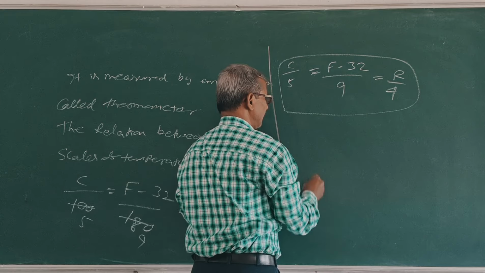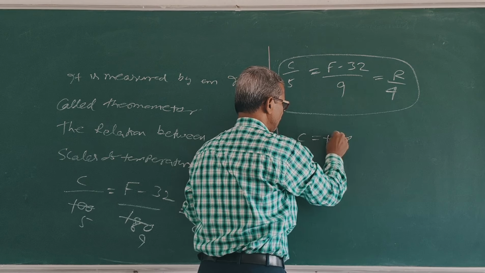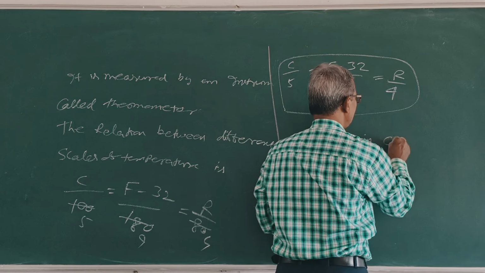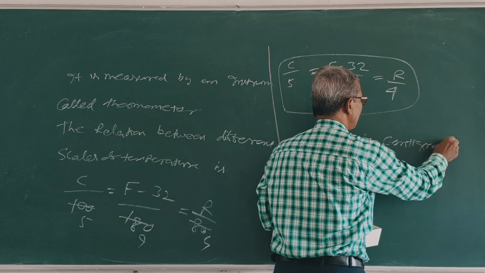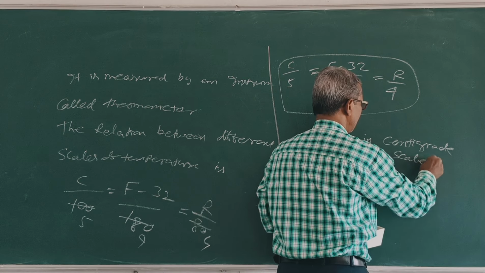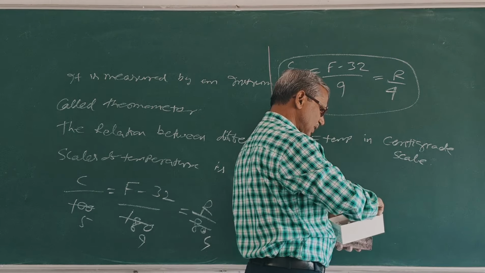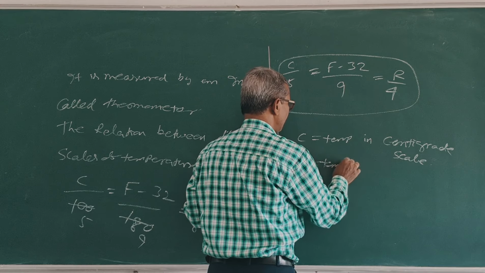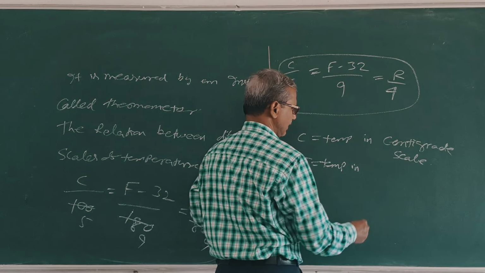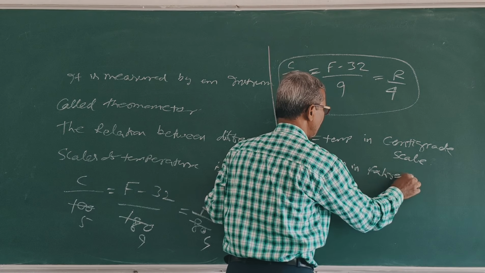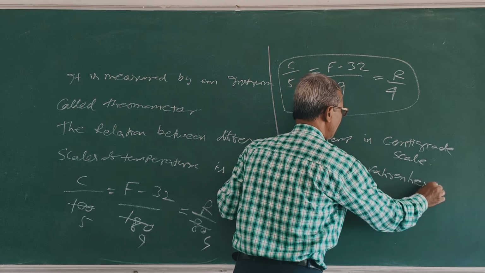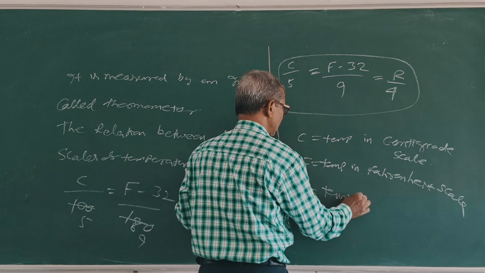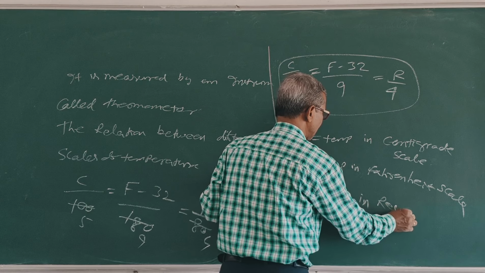Clear? Where C is the temperature in centigrade scale, F is the temperature in Fahrenheit scale, and R is the temperature in Reaumur scale.